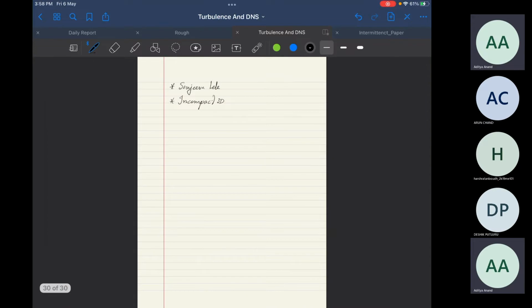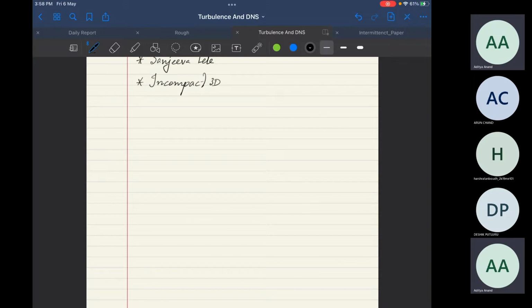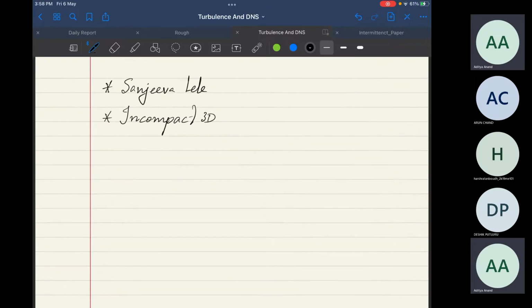Okay, so now essentially we have to discuss Incompact 3D, which is a sixth order finite difference scheme. Before we start discussing this, we'll look at a paper by Sanjeeva Lele, which discusses several finite difference schemes and their associated errors.